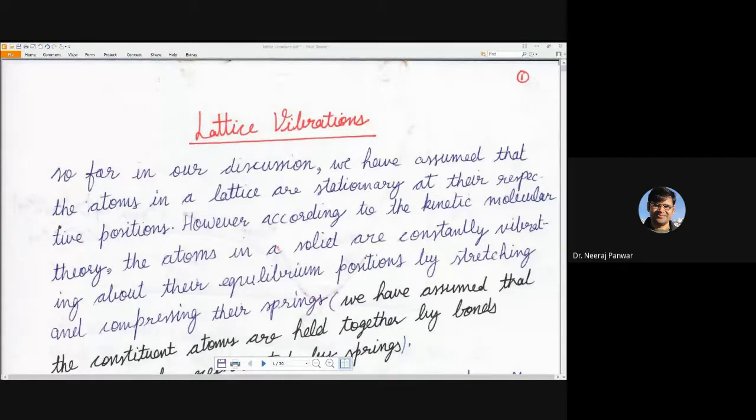Therefore, according to band theory, the 3s band formed by having n number of atoms means 6.023 into 10 to the power 23 atoms per mole or per centimeter cube, then the 3s level, energy level of individual sodium atom would be converted into a band.